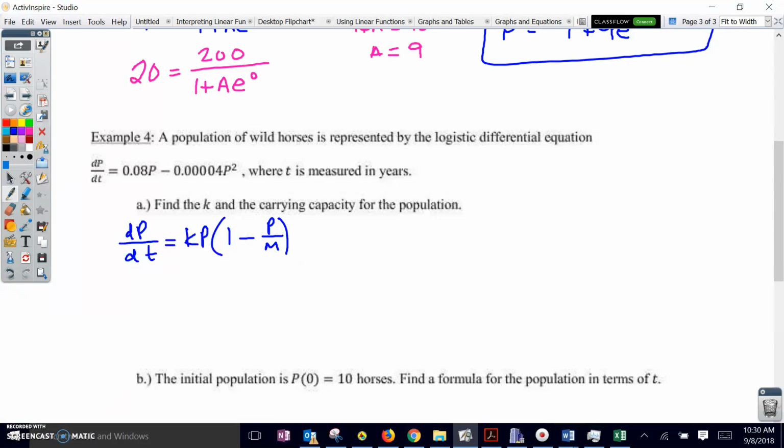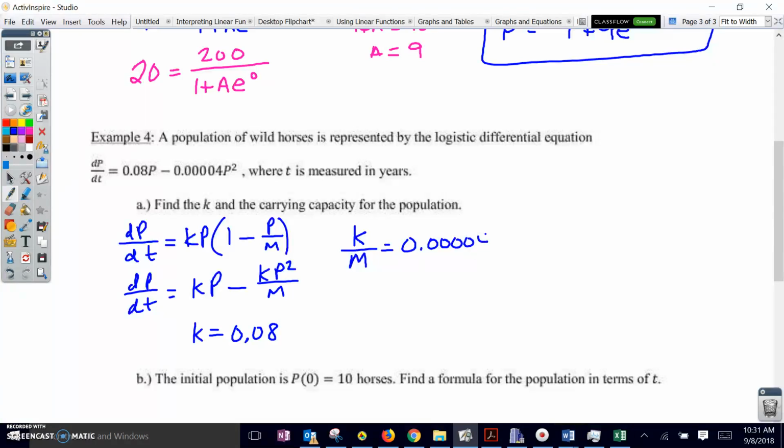And so kind of distributing this through, realize that what we've got here is dp dt equals kp minus kp squared over n. And using that, we know that k has to be equal to 0.08, and we know that k over n has to be equal to 0.00004.